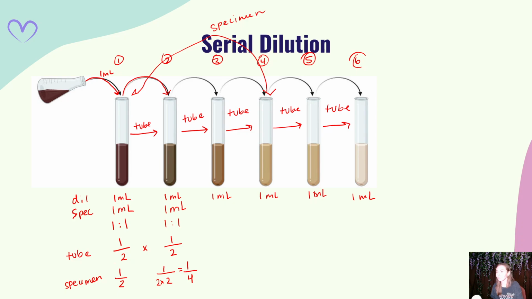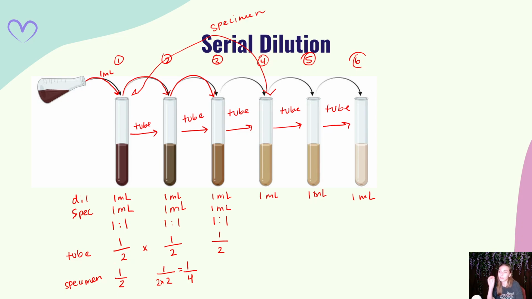Cool? All right, let's go into this. Let's say I take 1 milliliter out of tube 2 and put it in tube 3. Again, my tube to tube, I've got a 1-to-1 ratio of new tube to old tube, which means I have a 1 to 2 tube dilution ratio, or tube dilution factor. 1 to 2 tube dilution.